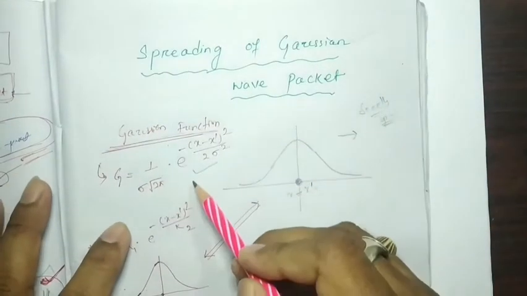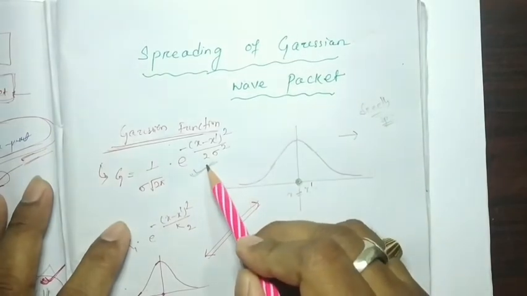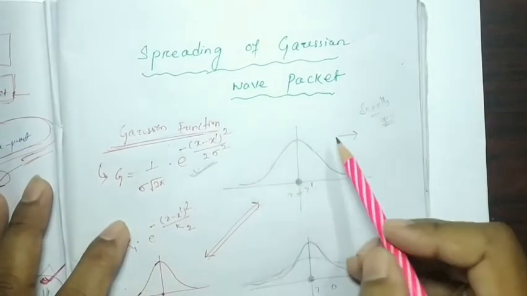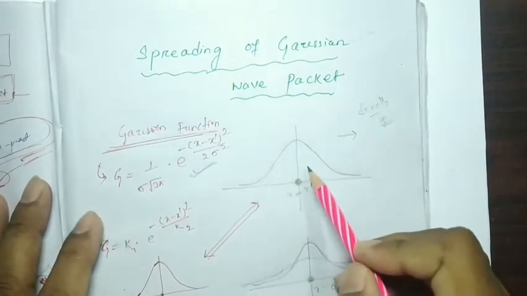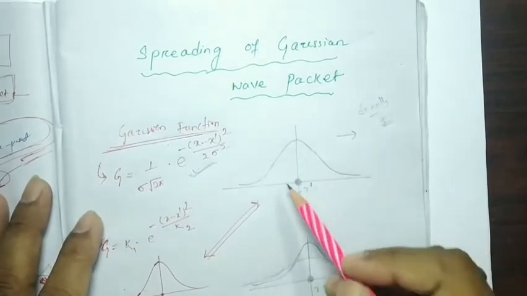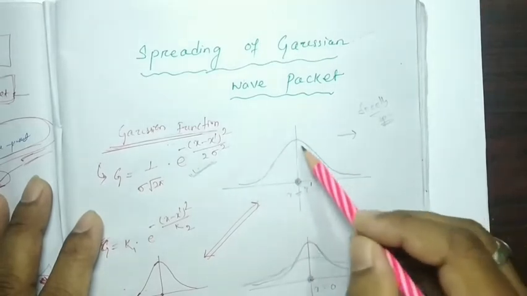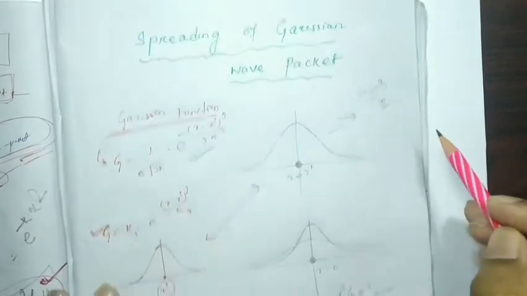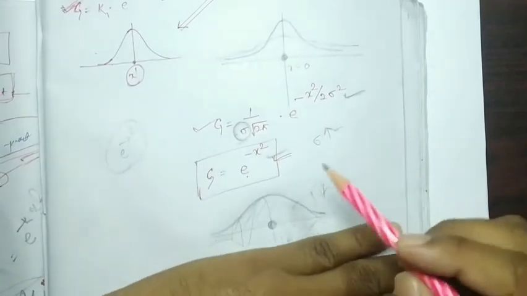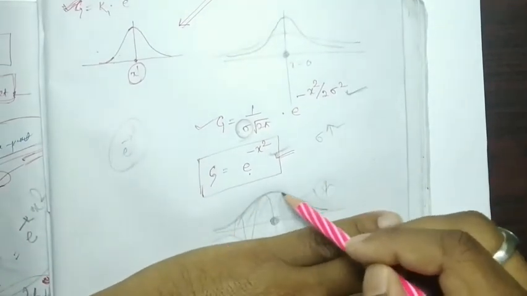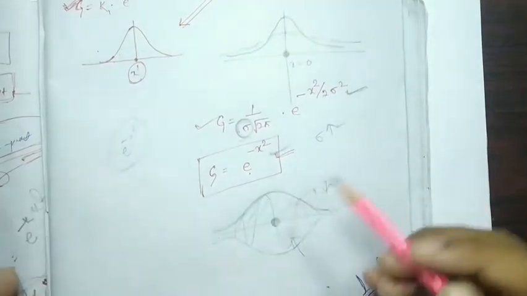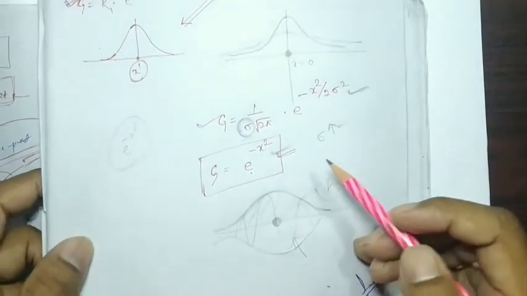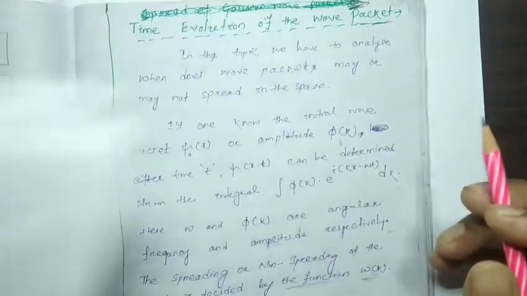If we draw this function in a coordinate system, we find a graph alike the real part of the wave packet. Hence a wave packet can be represented by a Gaussian function.